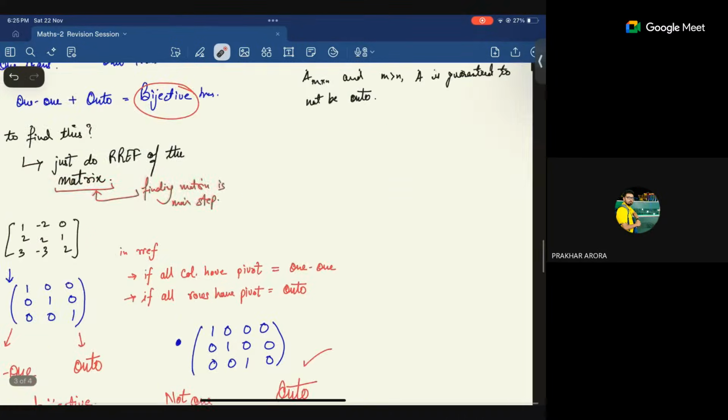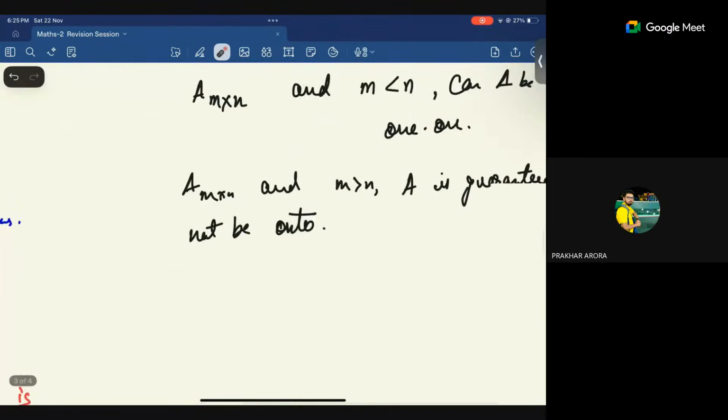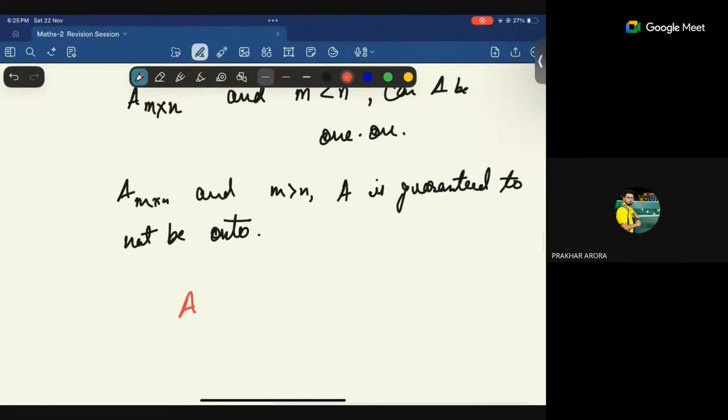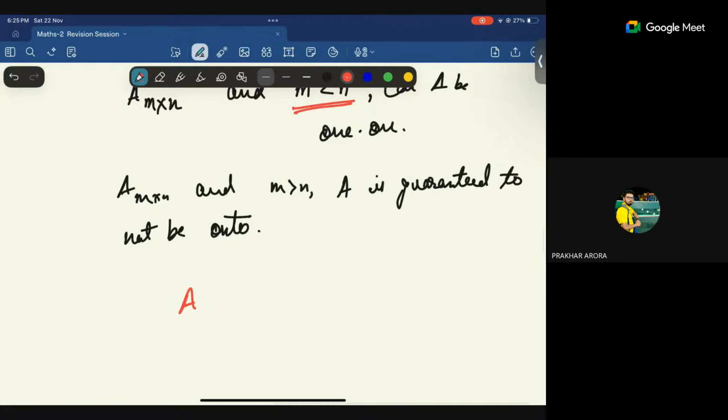Now what you have to do in such questions is, you are given m cross n such that m is less than n. So you can take m is less than n, 2 into 3, and just create a simple RREF.